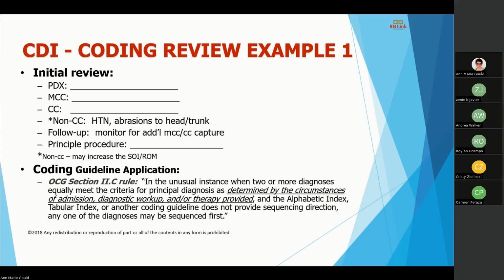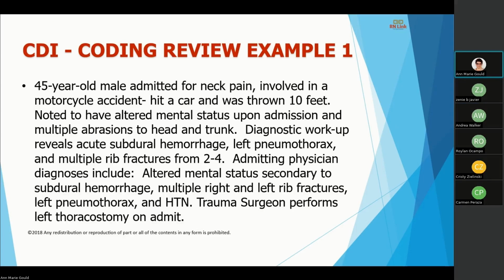Okay. So when you're looking at the initial coding review, when you're doing that review process as a CDI, you want to know what bought the bed. Well, the patient came in with AMS, was involved in a motor vehicle crash, right? But now the attending provider does say that the AMS is secondary to the subdural hemorrhage. And he's got all these other issues going on.